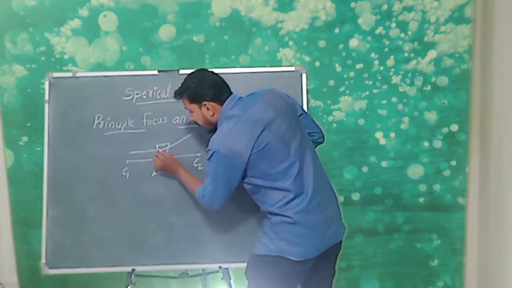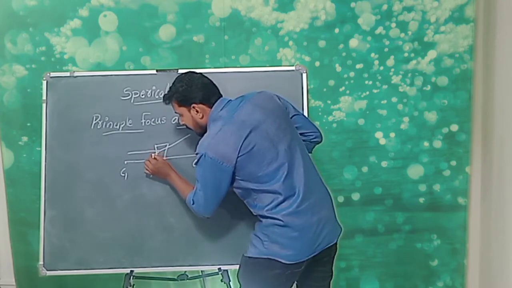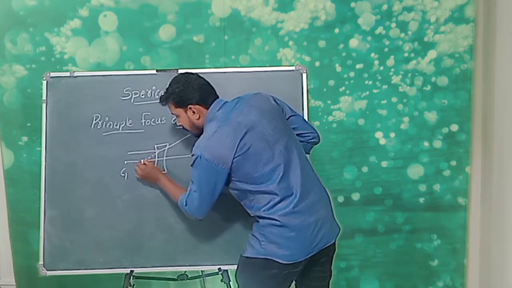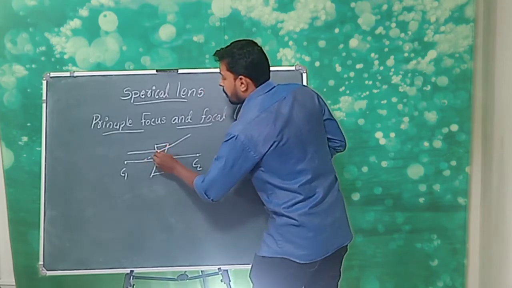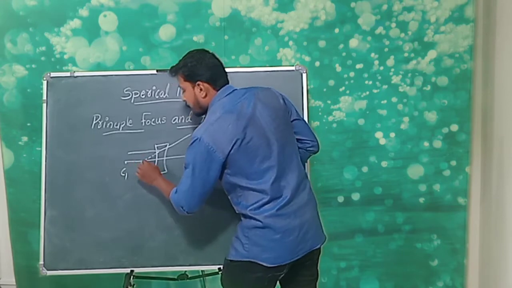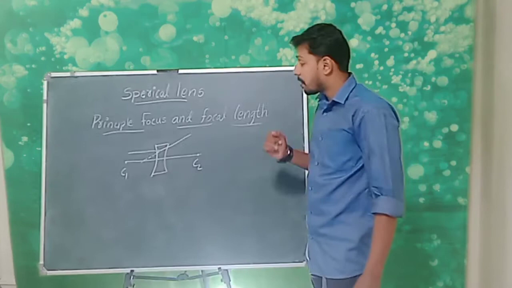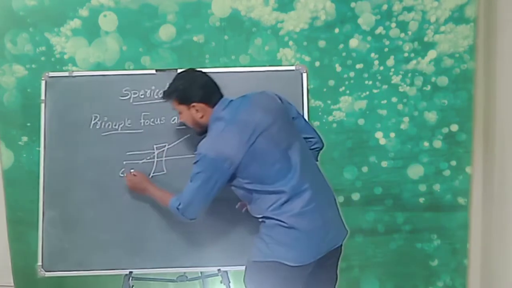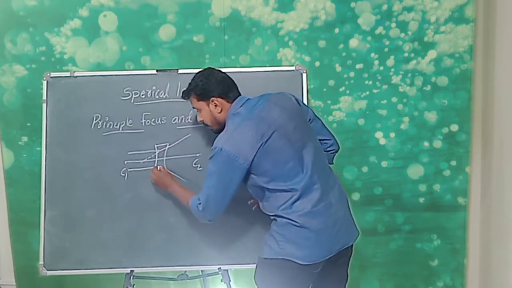Then if you make an imaginary line continuing this light, this imaginary line passes through a particular point on the principal axis. You just recall the mirror, in the case of mirror, same like that. If there are parallel lights, then they will diverge.